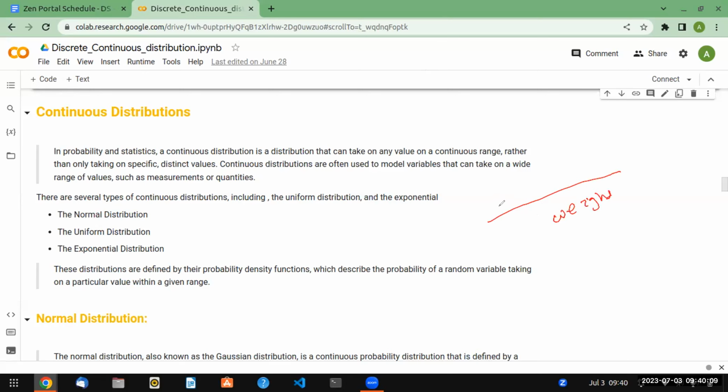The weight of people, usually for an adult, whether male or female, will be from 30 to 100, let's say. If I measure the weight of a person, it can be any value between 30 and 100. If we plot this graph, the data is not going to break, because at every point you have one person's weight. So in this continuous data plotting, the data is not going to break for this weight.